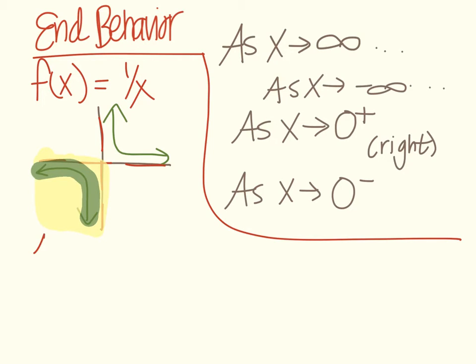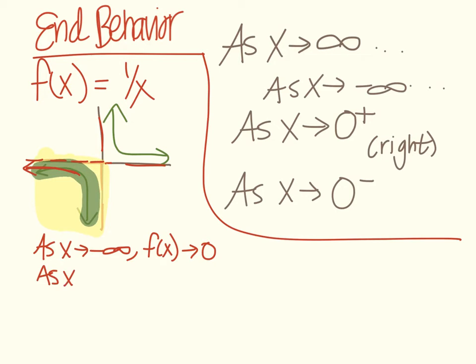As x approaches negative infinity, what's happening to my y? So x is going this way. It's approaching negative infinity. My y value is actually approaching 0. It's getting closer and closer to 0, but it's never touching it. So I'm going to say as x approaches negative infinity, f of x approaches 0.